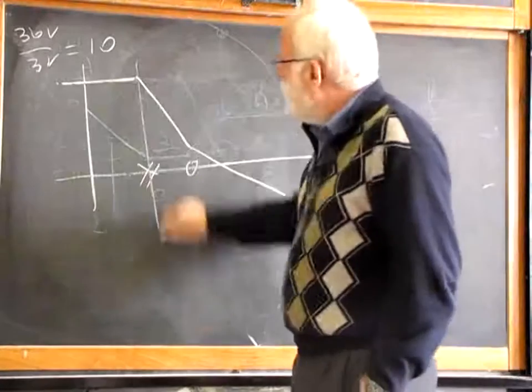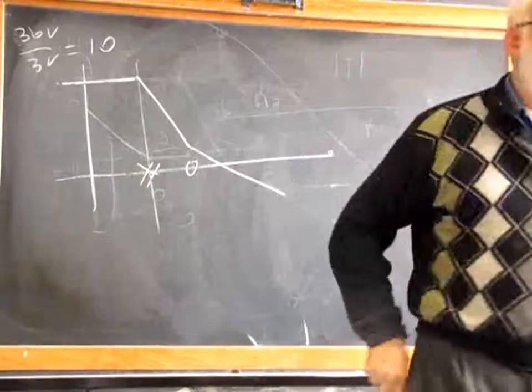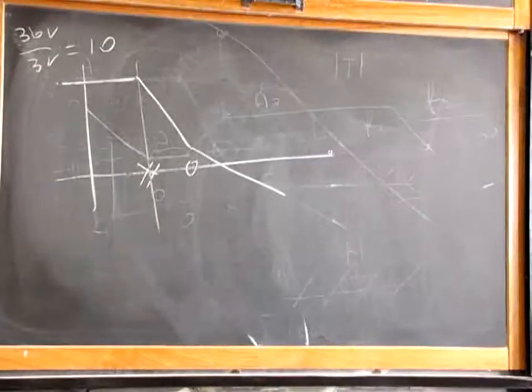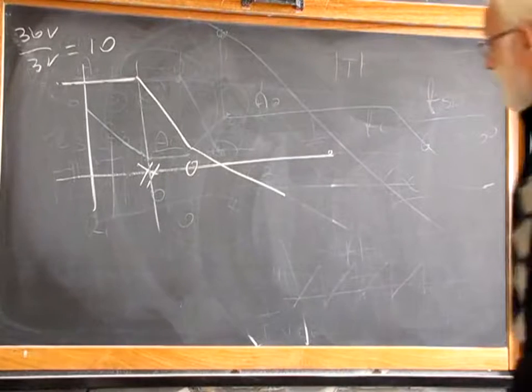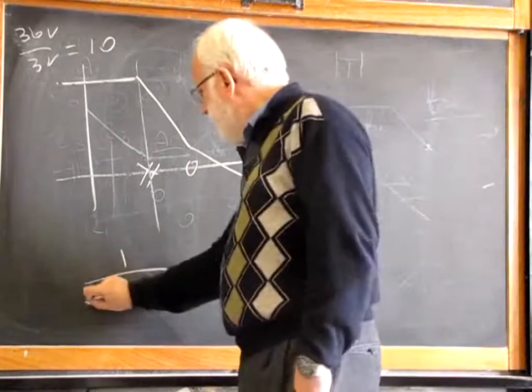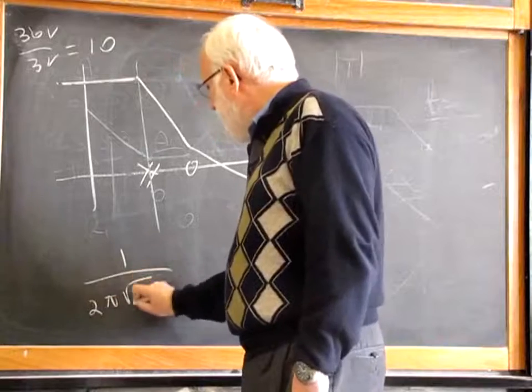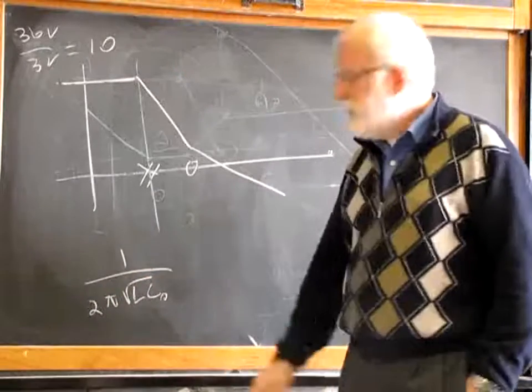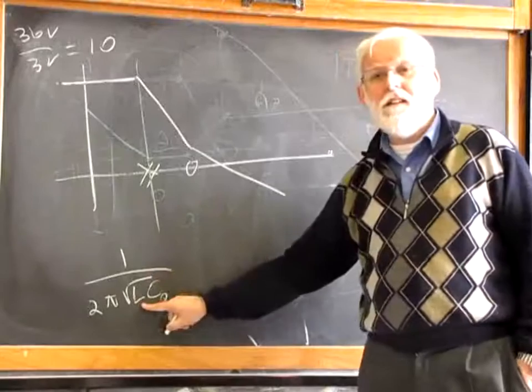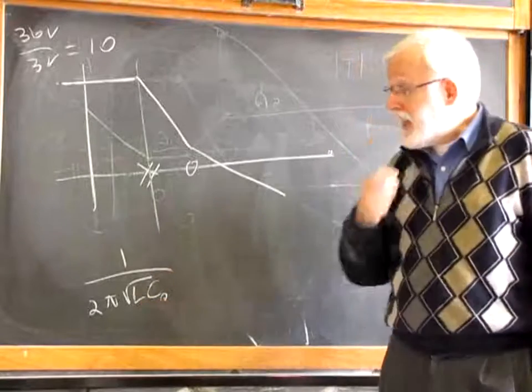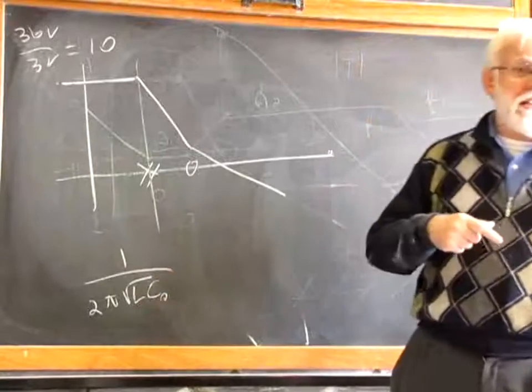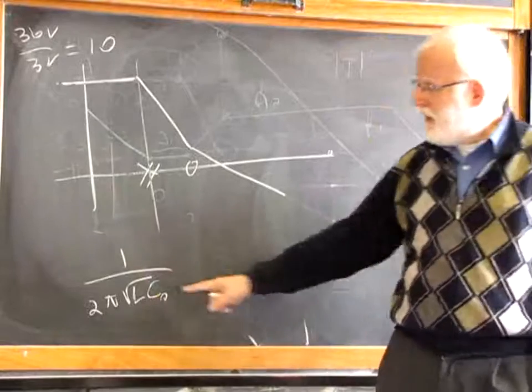Then, the two complex conjugate poles. What's their frequency? One over 2 pi square root of L C out. You know the value of L. And in your exam, the value of L is what you designed in the power stage design phase.